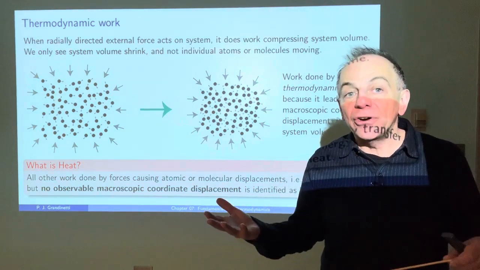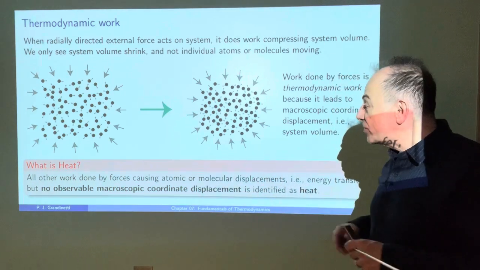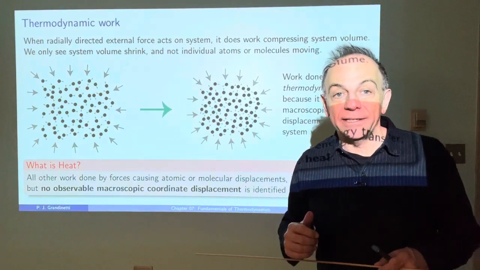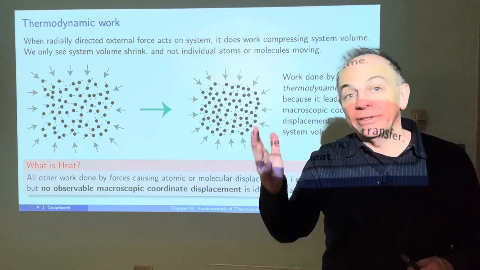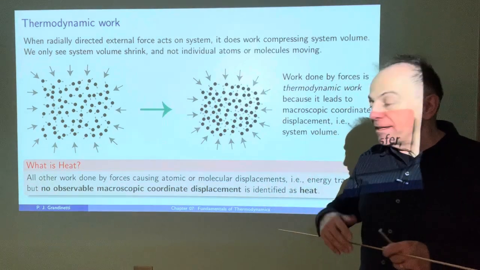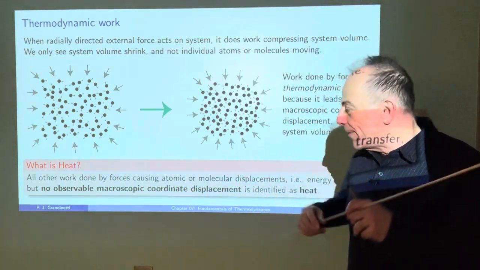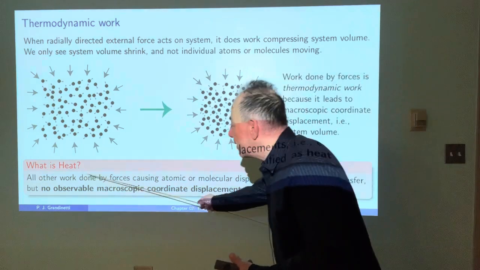We just can't observe any macroscopic coordinate displacing, but what we do see is a change in the temperature of the system. And that change in the temperature is a reflection of that increase or decrease in the kinetic energy of the system particles.